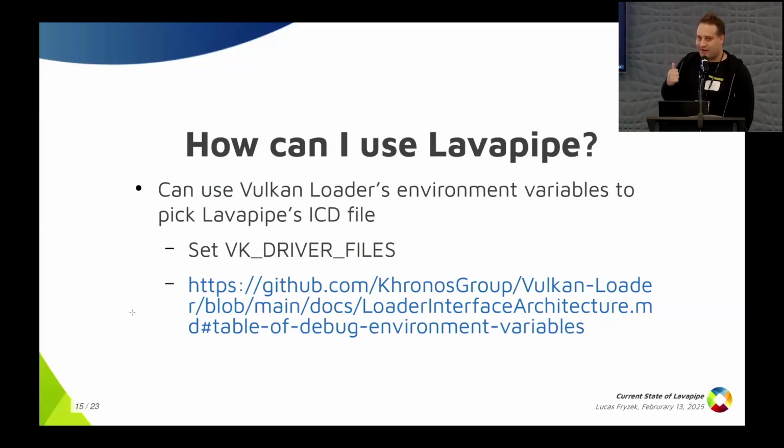There's this cool environment variable called VK_DRIVER_FILES that you can just point at the file to find it. If you have an official installation of Lavapipe, you probably don't need to do this. But if you're working on a different platform, you might need to. There's documentation inside the Vulkan loader that is very helpful that explains this. I don't think this is something the Vulkan Configurator currently exposes, but I think it might be nice at some point in the future, if more people are using Lavapipe, to have that more easily available.